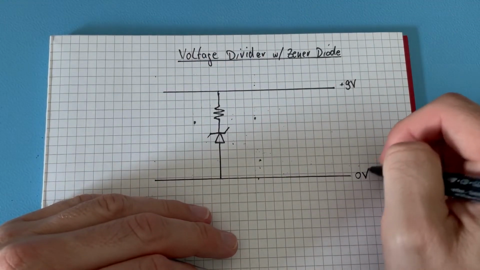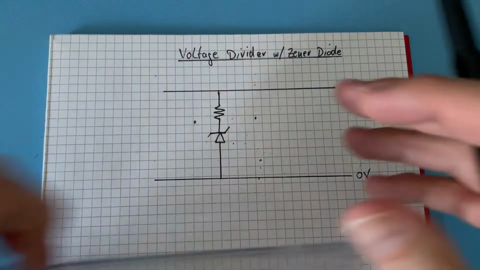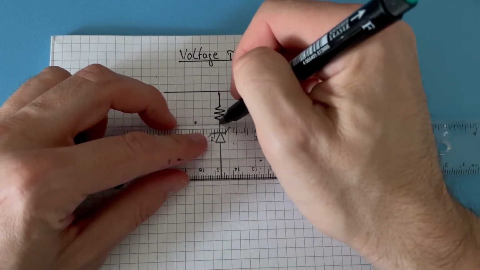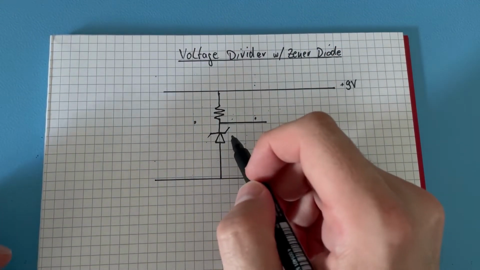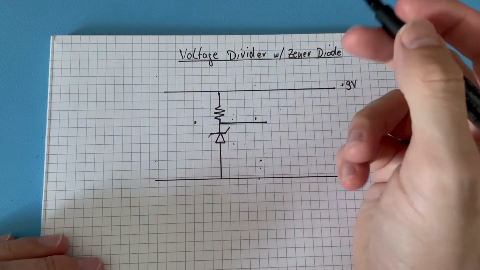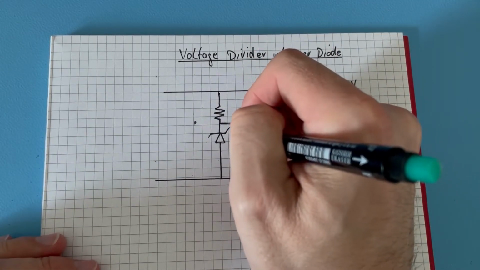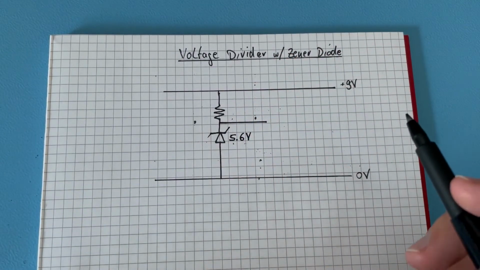So 0 volt. And the theory about the Zener is that it depends on which Zener diode you have. So I have in my toolbox a 5.6 volt Zener.